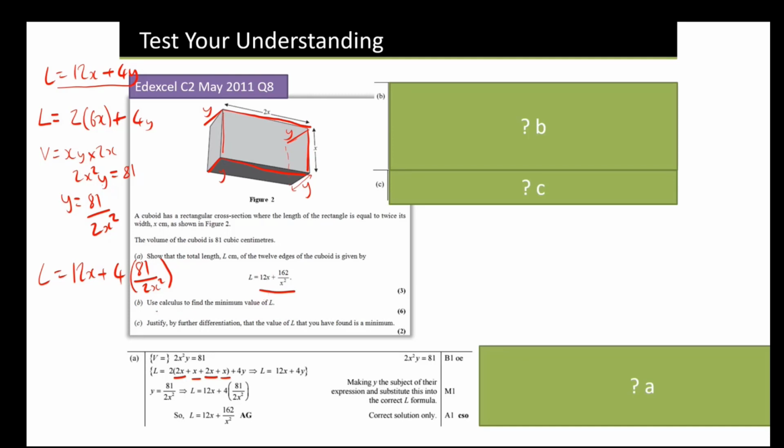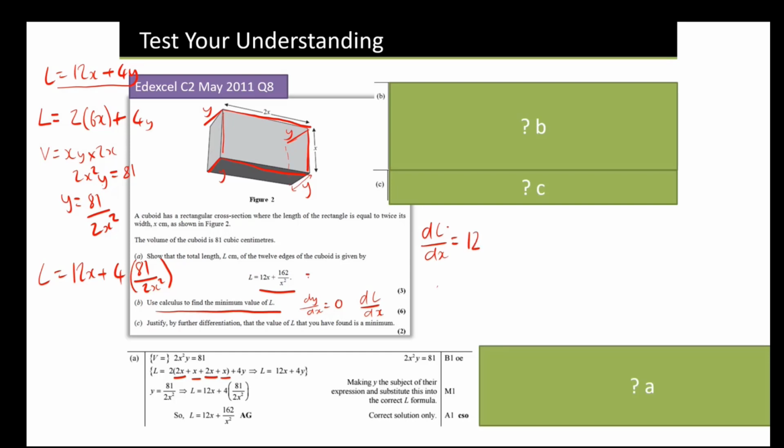So B, it says use calculus to find the minimum value of L. So you still set your dy/dx equals 0, but do it in terms of dL/dx. So dL/dx is going to equal 12.